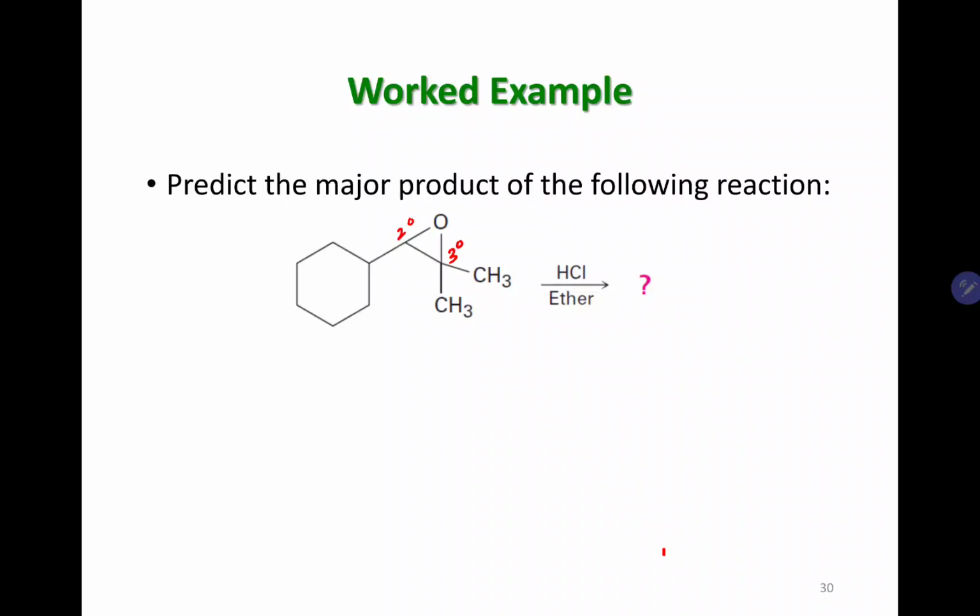When you have a tertiary carbon, we just learned that the ring tends to break in the direction where you can achieve a more stable tertiary carbocation, right? So the incoming nucleophile will attach on the tertiary carbon, giving you this product.